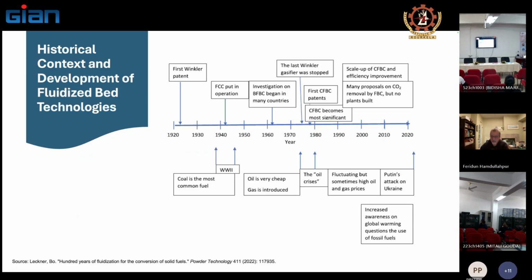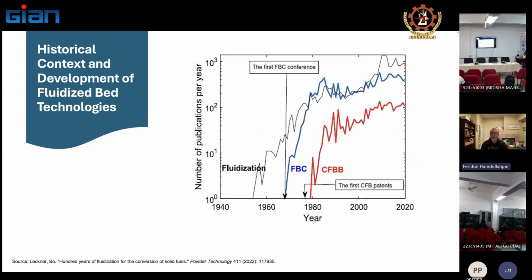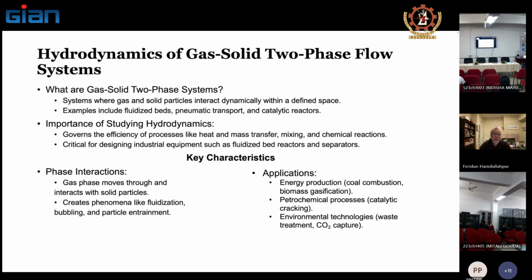Okay. So again, this gives you a little bit of historical context, starting in the 40s and today where we are in the fluidized bed technology. So, what is a gas solid two-phase flow system?